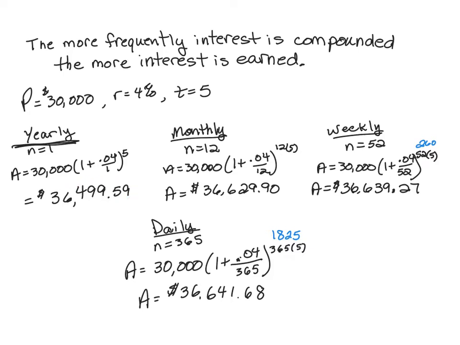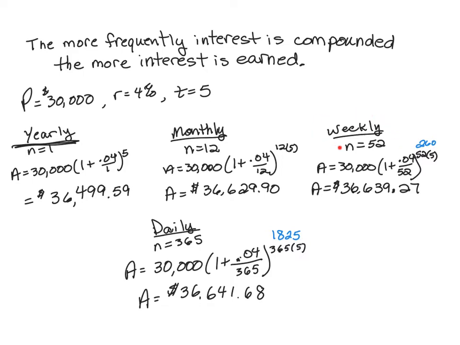You'll notice that simple interest was just all zeros. Monthly was $629.90. If it's only once a year, it's $130 less. Okay, so the more often you compound, the higher it goes.